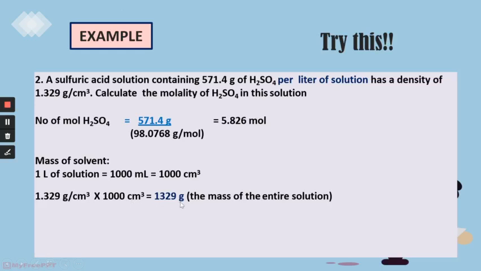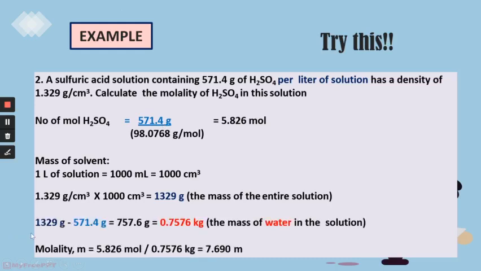So you will get the mass. You cancel out the cm cube here, cm cube here, so you will get 1329 gram of the solution. So this is mass of the solution. In order to calculate the mass of solvent, you must do mass of solution minus mass of solute, and you will get 757.6 gram.